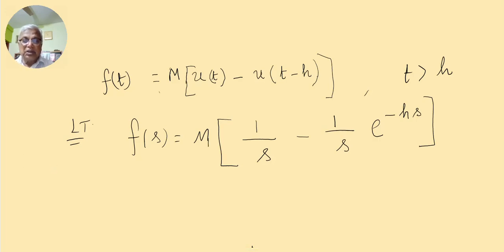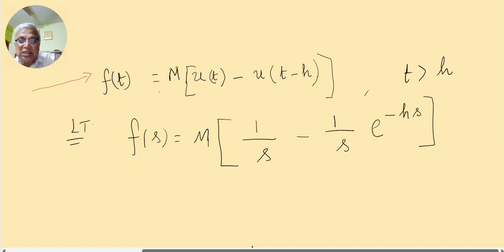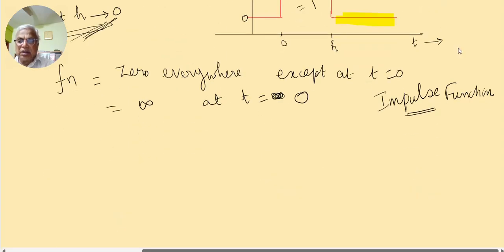And the impulse function can be derived from this equation. How? Of course, we have taken m as 1 by h, and if we let h tending to 0, we are going to get the impulse function equation. The symbol for impulse function is del t.